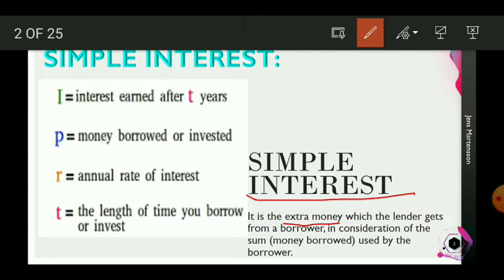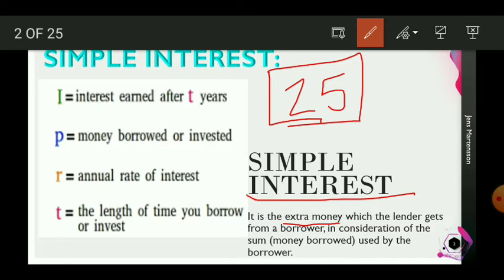Suppose I have 25 rupees and I want to invest this amount every month on the basis of 5% interest. What does that mean? 5% of my amount will be added.